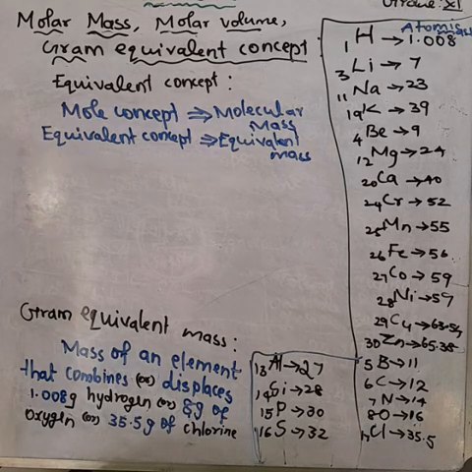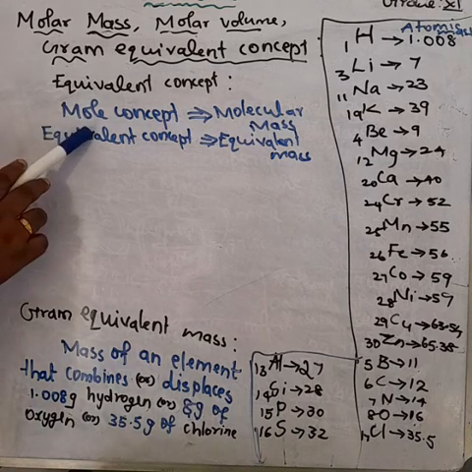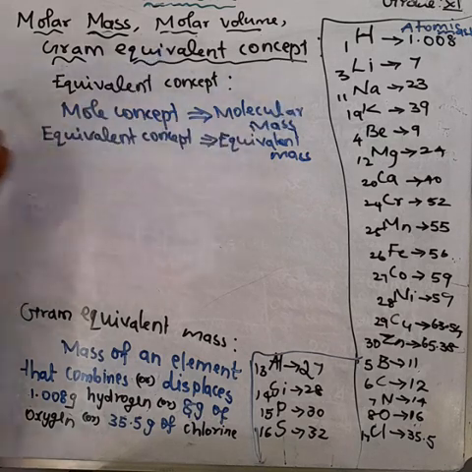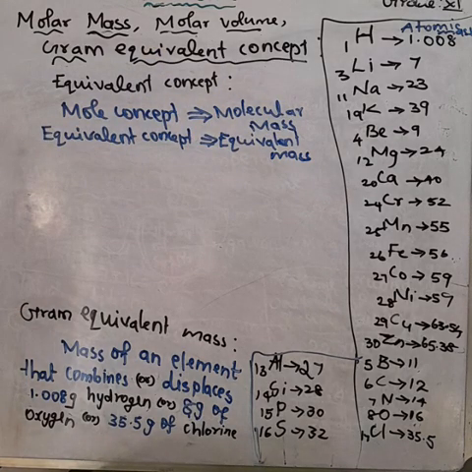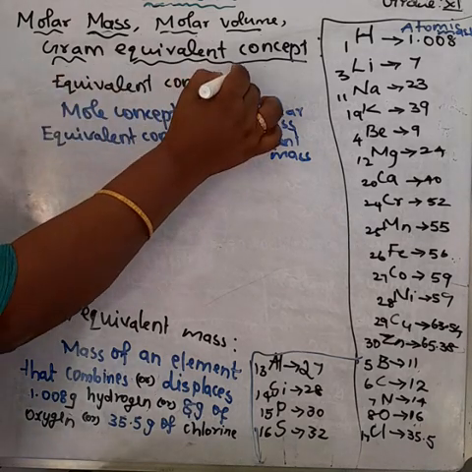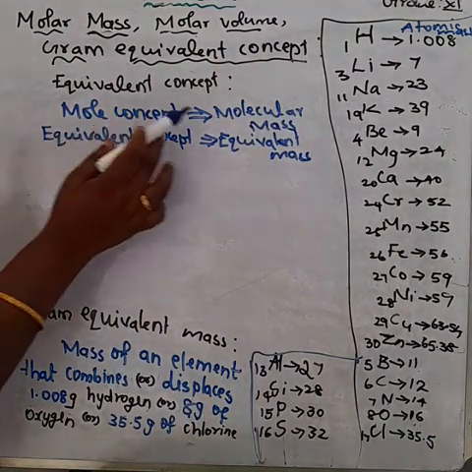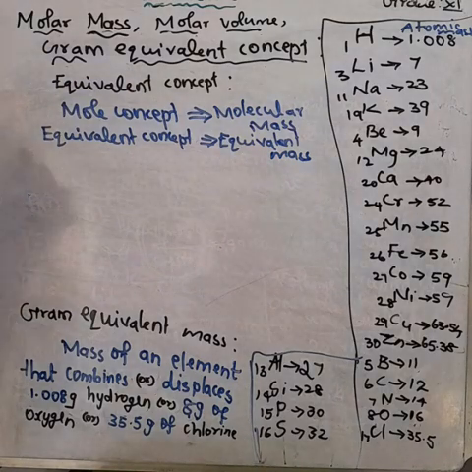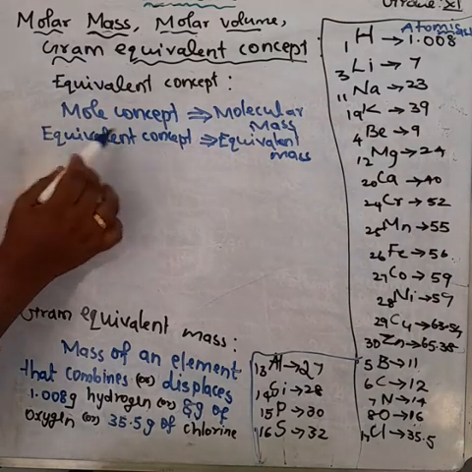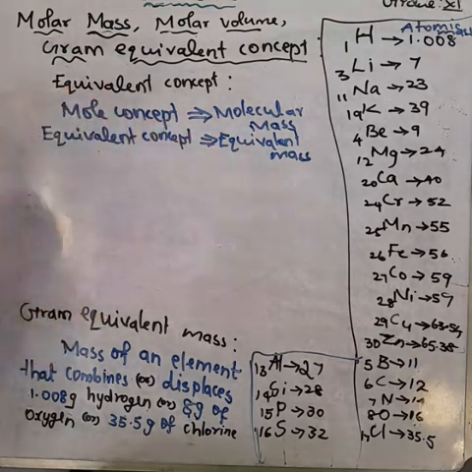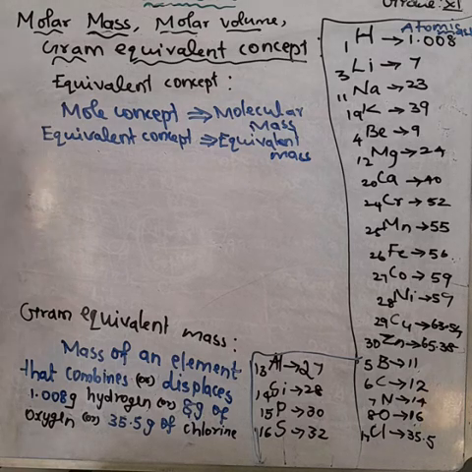The mole concept is based on molecular mass, because the molar mass defines the mass of 1 mole of the substance. Similarly, the gram equivalent concept is based on equivalent mass.